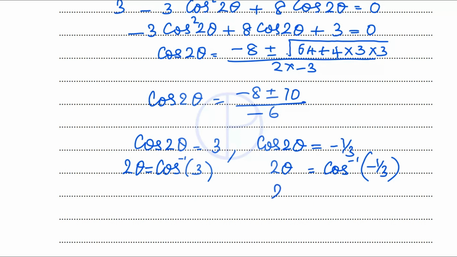So 2 theta equal to 109.47. And 360 minus 109.47.